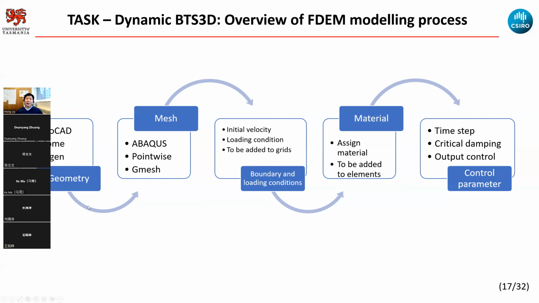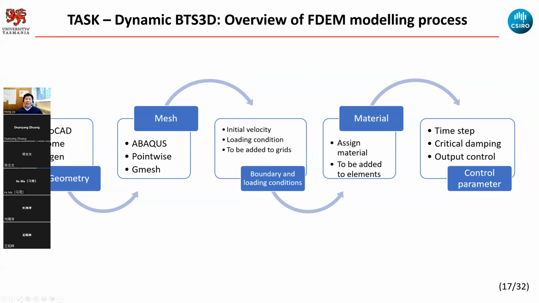I already focused on building the geometry, the mesh, boundary condition and the material model, but I didn't introduce the control of the parameters. So this is the focus of today. Today I will focus on how we control the running of the software.